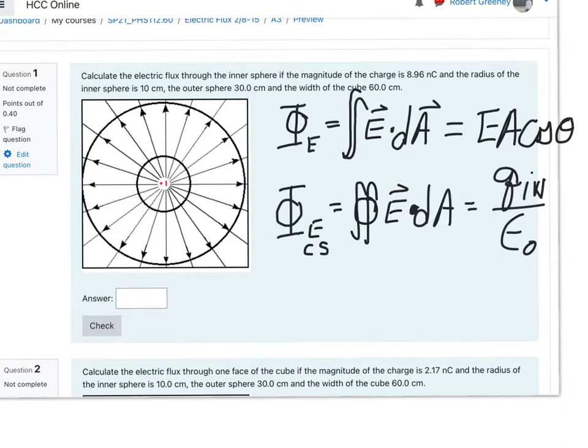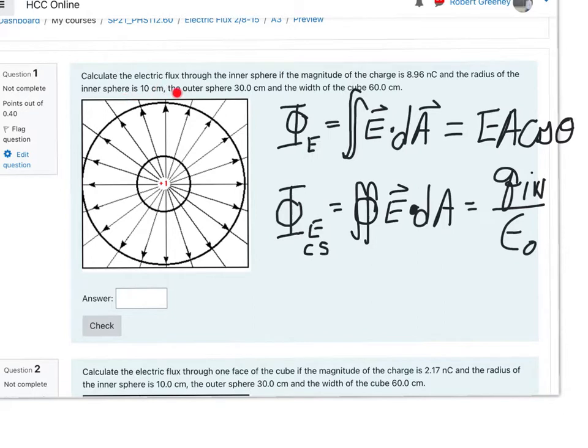Okay, so now let's solve the problem. Calculate the electric flux through the inner sphere. There are 2 ways we can do that. The easy way is to use Gauss's law. We just take the charge, 8.96 nanocoulombs, and divide it by epsilon naught, and that will be the total flux through that inner sphere.